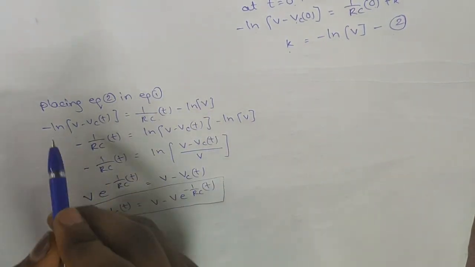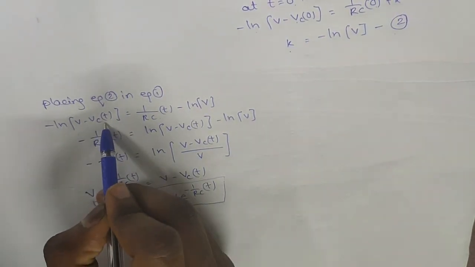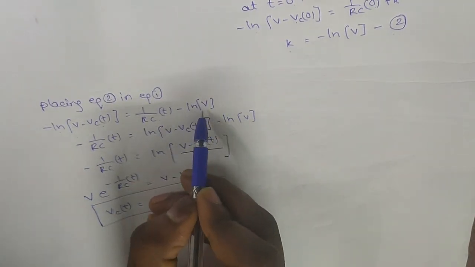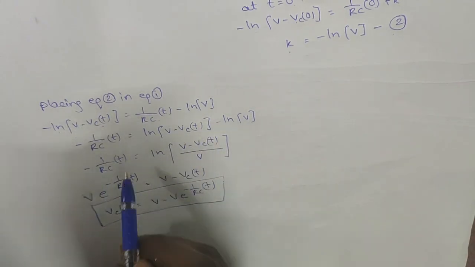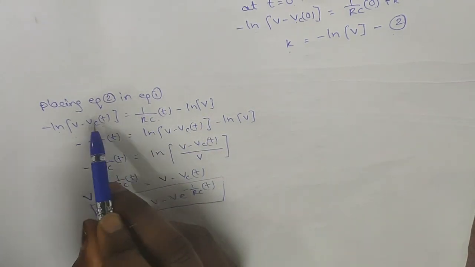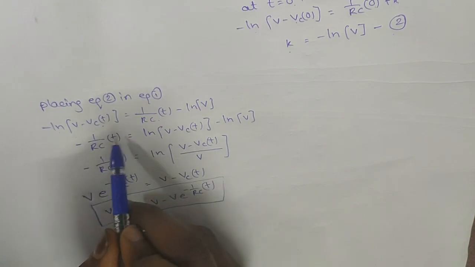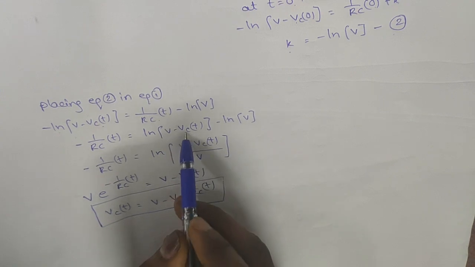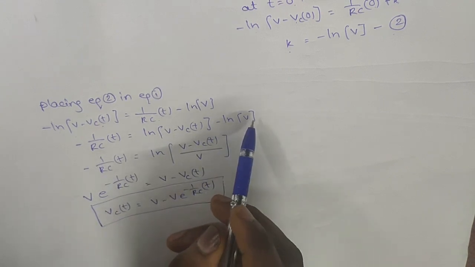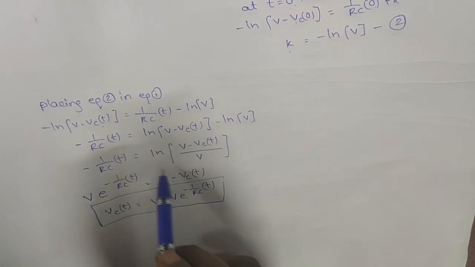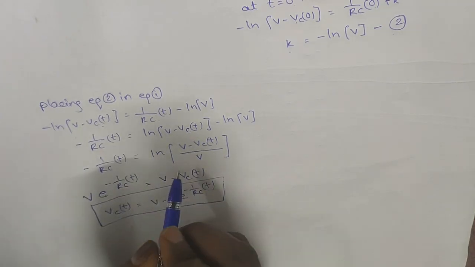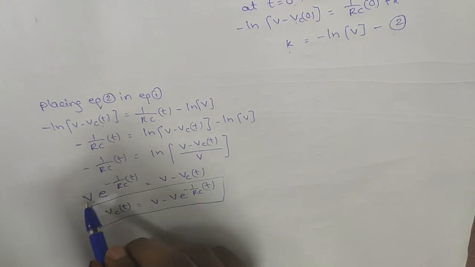So we got ln of (V minus Vc of t) is equal to 1 by RC t, and in the place of k we write ln of V. By interchanging, all V's on one side and t terms on the other side, we applied log a minus log b equals log a by b, and the ln, if you go here, converts to an exponential, and the denominator V is multiplied here.